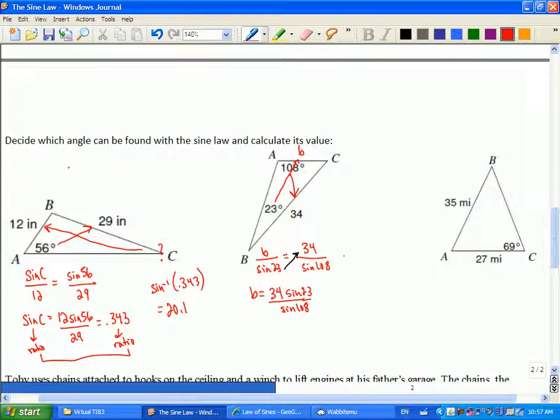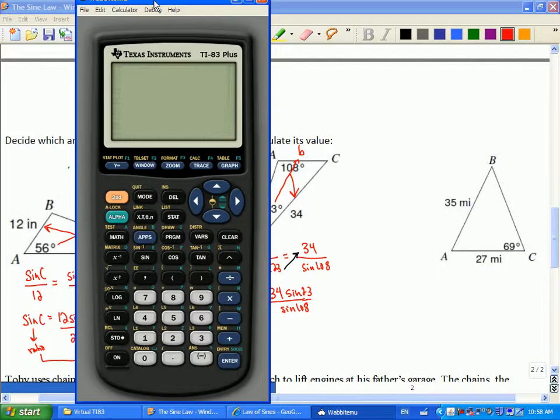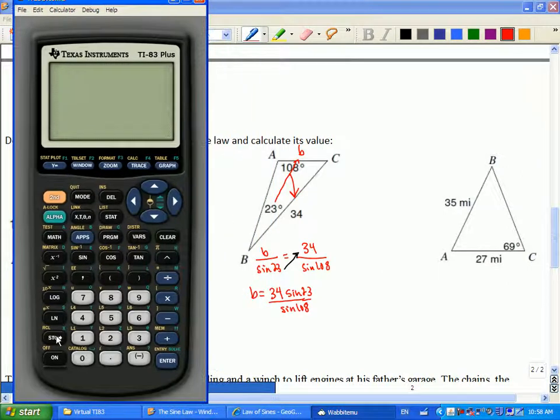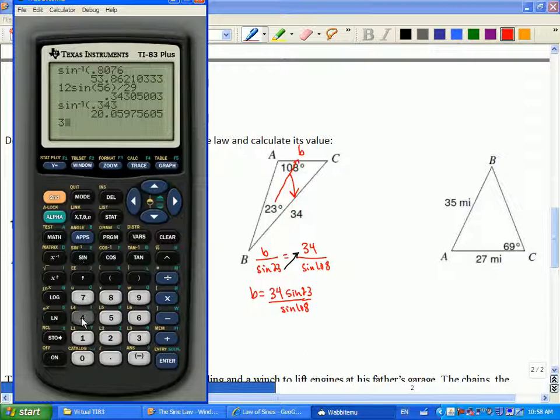well, it's easier when it's on top because then you've usually only got one item to move around. So this time I have 34, then sine 23 divided by the sine of 108. So it's roughly 14.